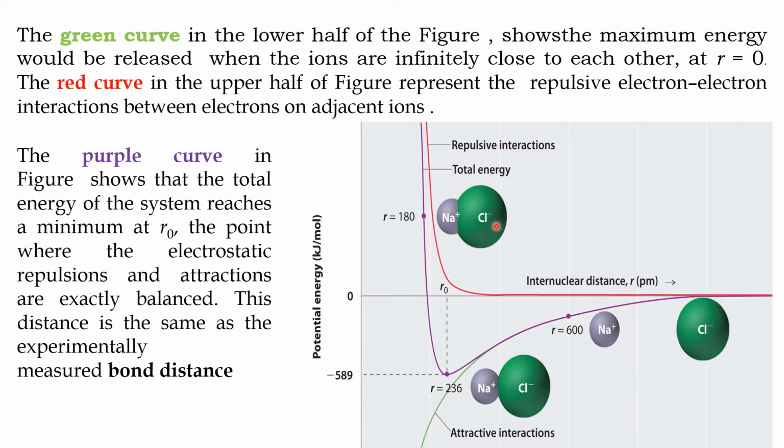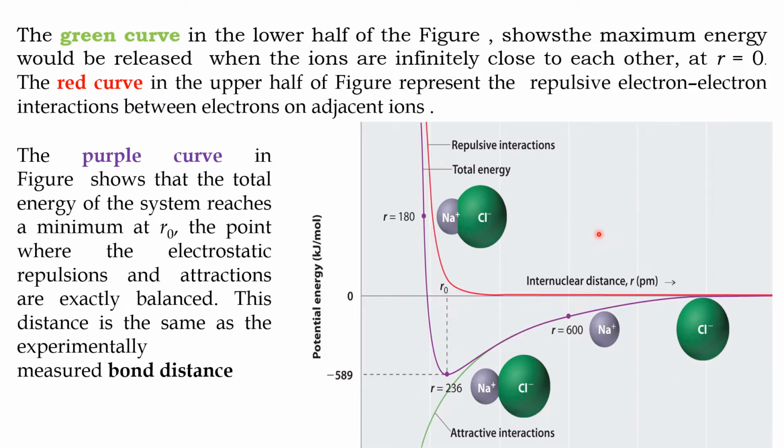And we know when Na+ and Cl- ions come together, there are electrons present in the sodium ion as well as electrons present in the chloride ion. So there exists a repulsive force between the electrons of sodium and chloride ions. One of the forces acting between these two ions is the electrostatic repulsive force between the electrons of sodium and the electrons of the chloride ion.